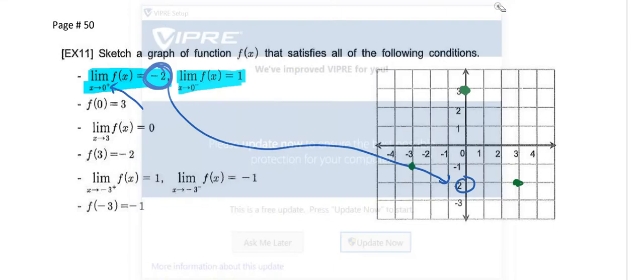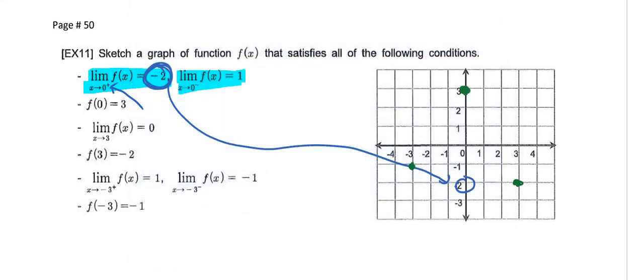And then what I'll do now is when I'm approaching 0 from the right hand side, I'm getting closer to a height of -2. So maybe I can just do that for now. Okay, and then for this guy, I'm approaching 0 from the left hand side, and I get to a y value of 1.